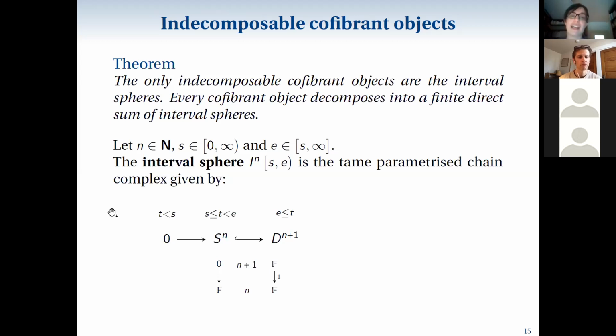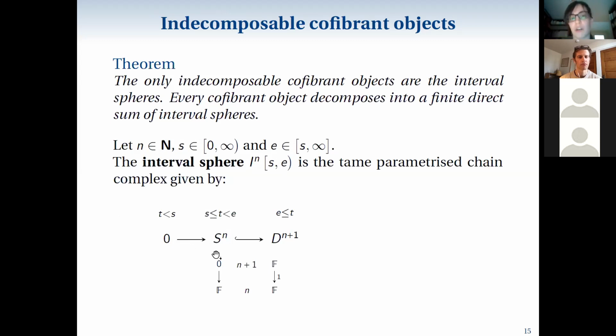So an interval sphere is a tame parametrized chain complex given by 3 numbers. I have a non-negative integer n, a starting point, and an ending point. It's a tame parametrized chain complex which is 0 before the starting point. Between the starting point and the ending point it is given by the sphere in degree n.